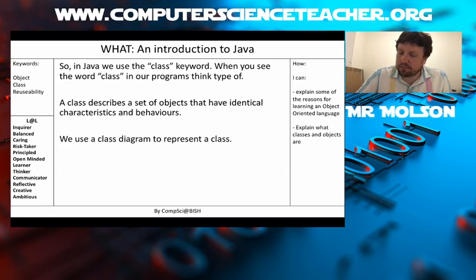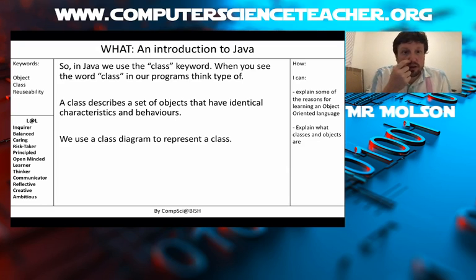The class allows us to define an object, and some people describe it as a template, a bit like a template that we can use to create objects from. I'm going to give you an example using a programming language called BlueJ in a minute, and hopefully it'll make more sense.